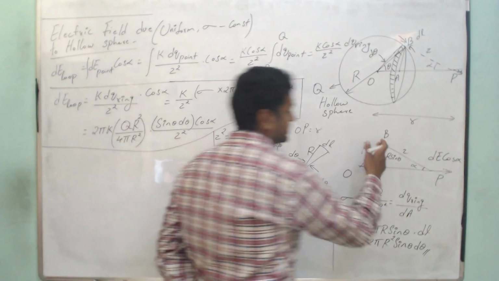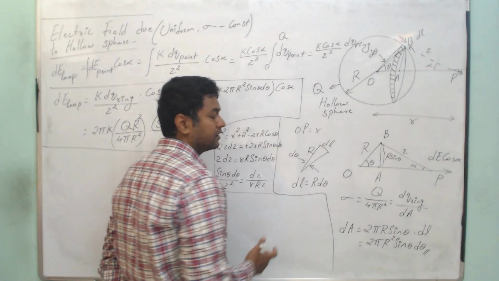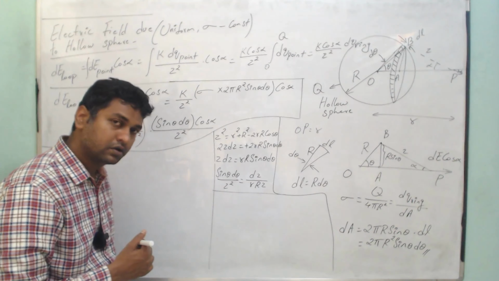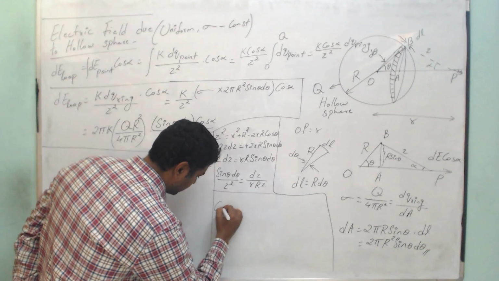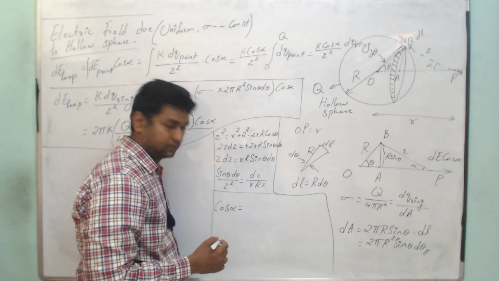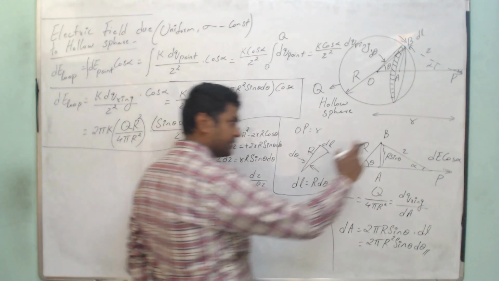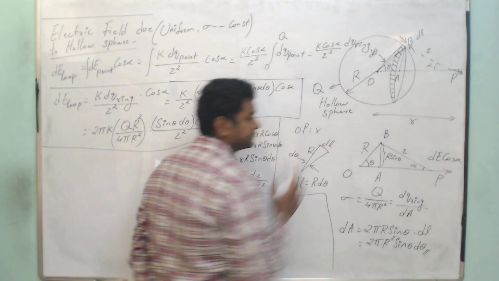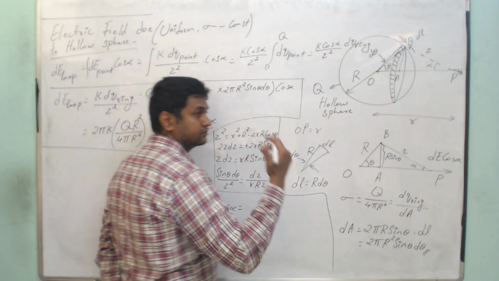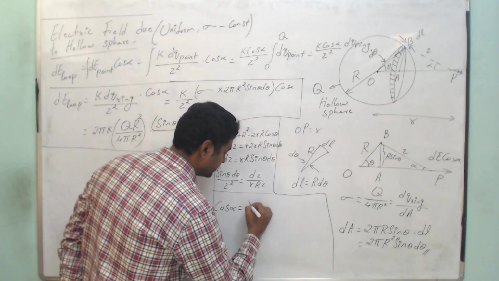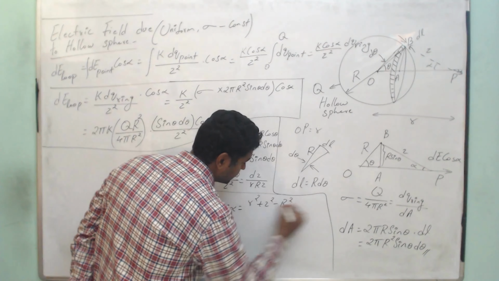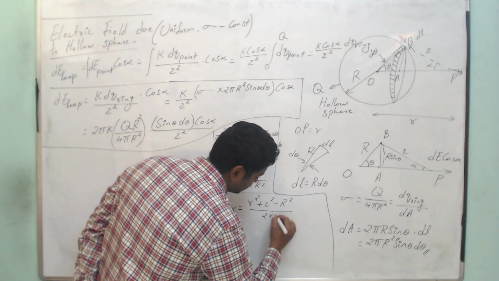Again, in the same bigger triangle, if I use my cosine rule, tell me what will I get cos alpha as? r square plus z square minus a square upon 2, minus capital R, z square upon 2r, minus 2 r z.